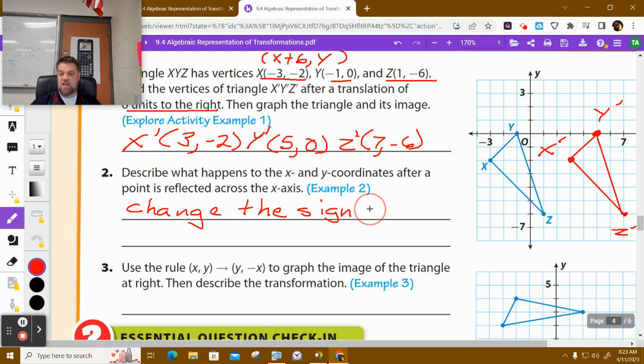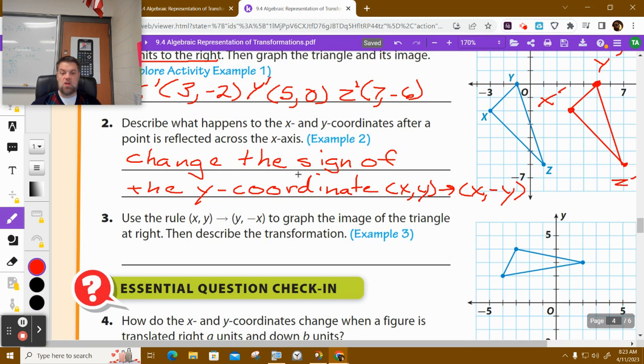You change the sign of the Y coordinate. So if it's positive, you make it negative. If it's negative, you make it positive. That's it. So I'll write it out. We're going to say X comma Y, and then that gets changed to X comma negative Y. That's how you reflect.